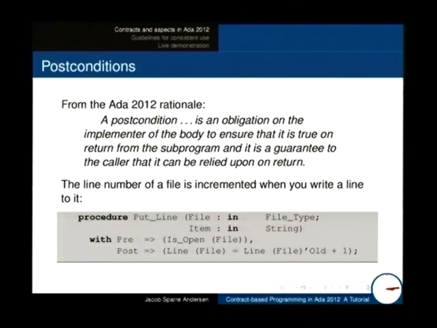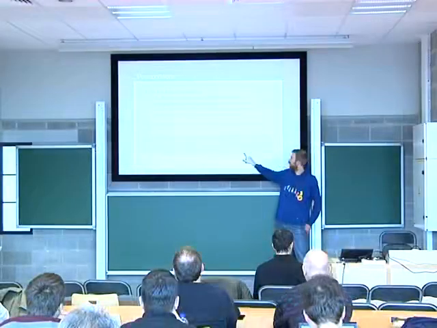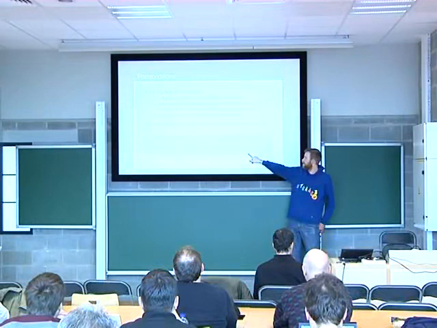And Ada has, depending on your view, a nice or annoyingly powerful feature of keeping track of line numbers in the file when you're writing to it or reading from it. So actually, we can say that after you've done a New_Line, the line number has incremented by 1. So that's an example of a postcondition. Here I reference the value of the line number before calling with the 'Old attribute.